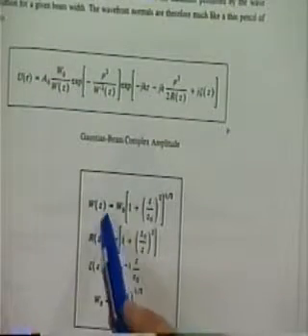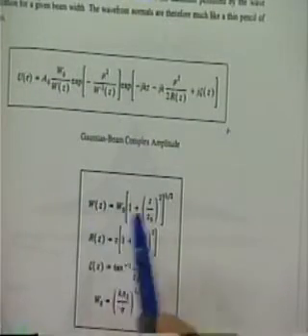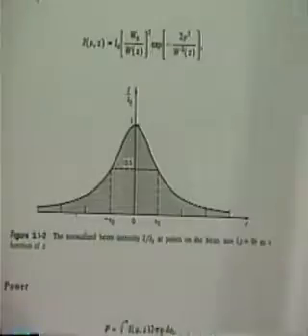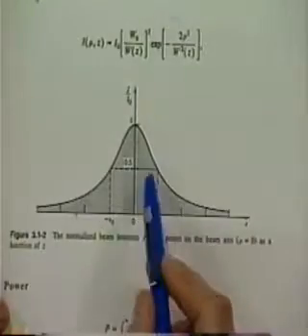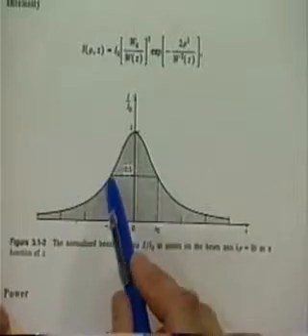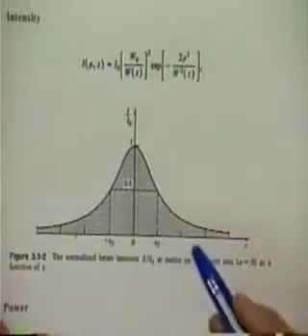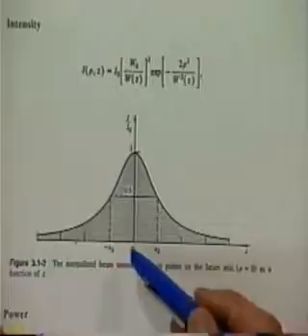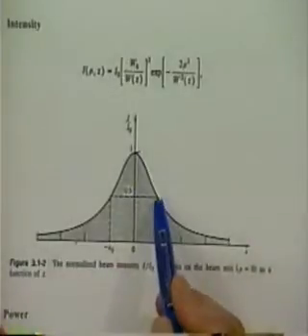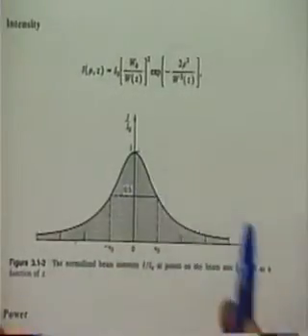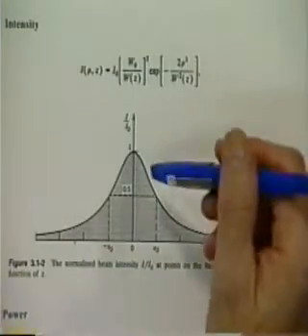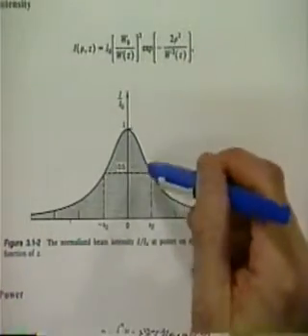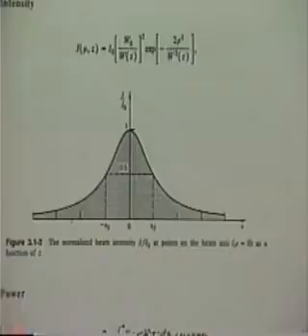Or if we take the ratio of w squared over w naught squared, that would be equal to a half. So if we go a distance z naught away from the beam waist, the intensity drops by a factor of 2. That's something we'll remember when we go to our summary sheet.